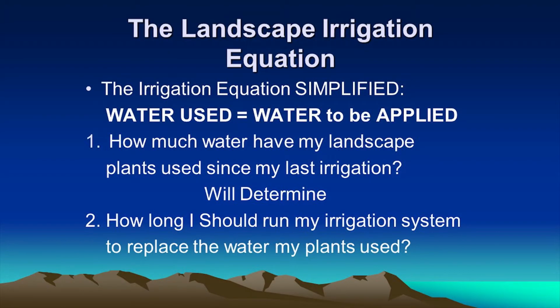The irrigation equation is really just a simple equation: water used, and water to be applied to replace the water used. So how much water has my landscape plants used since my last irrigation? And how long do I run my sprinklers to replace that water? We need to know that to be able to irrigate efficiently.